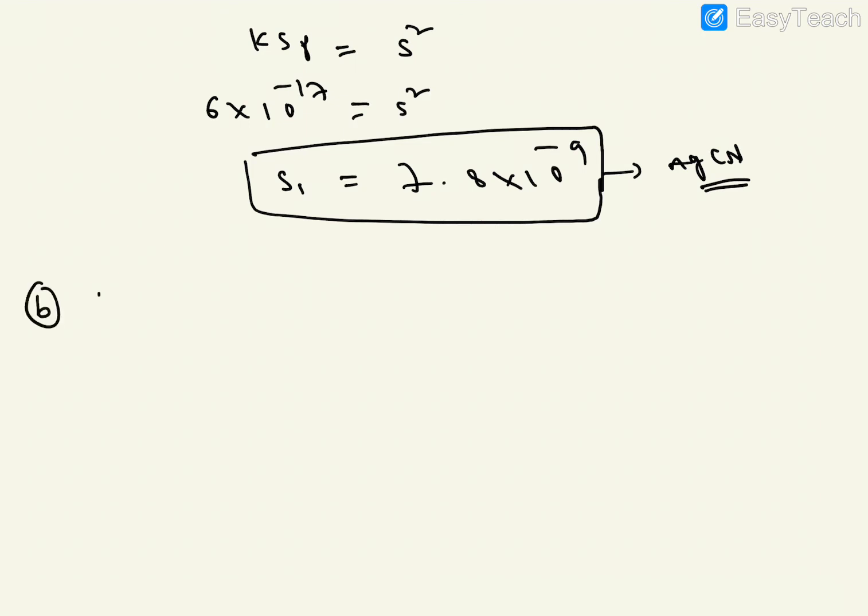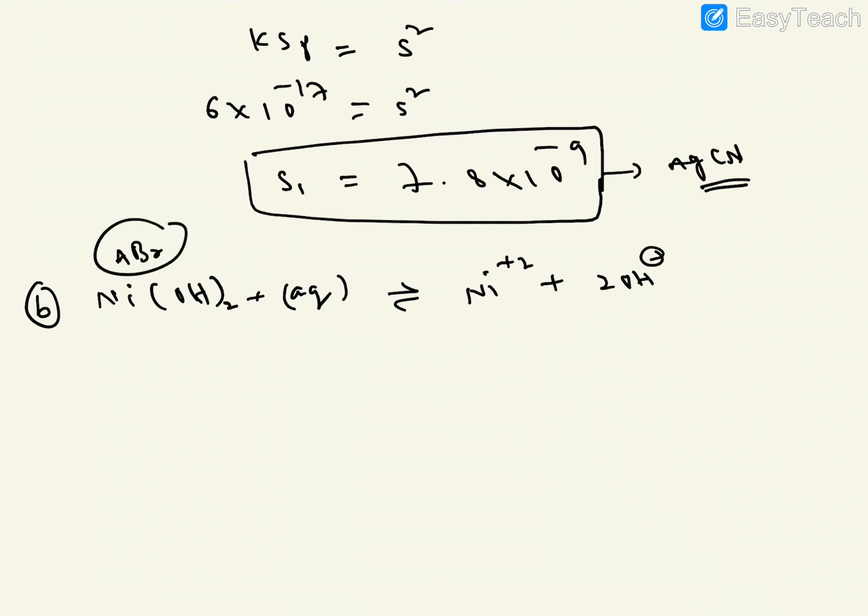Next, they are giving one more salt, nickel hydroxide, dissolved in water. It gives nickel plus 2 ion and 2 OH minus ions.